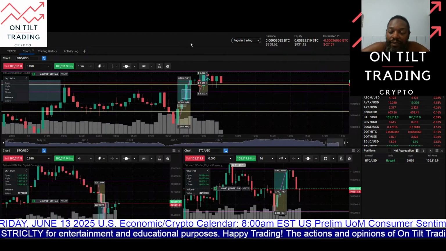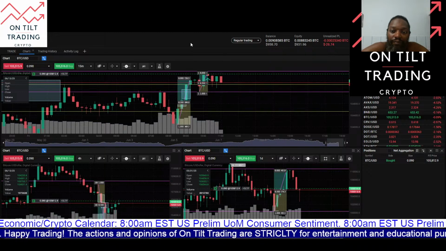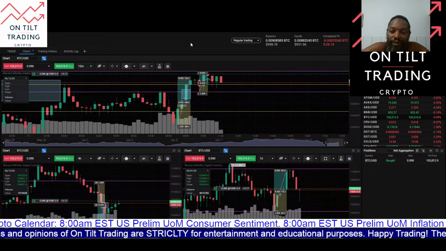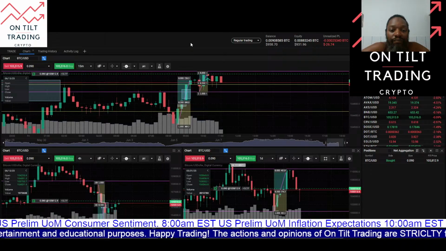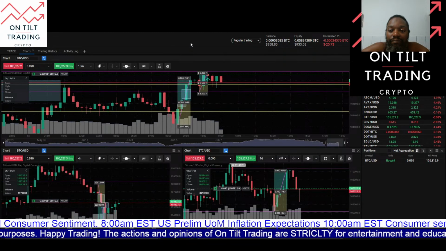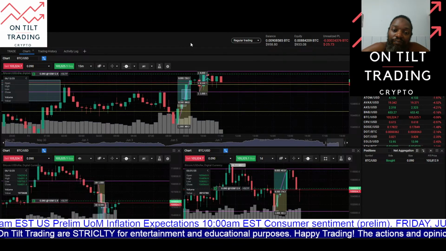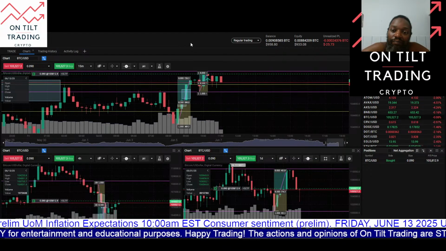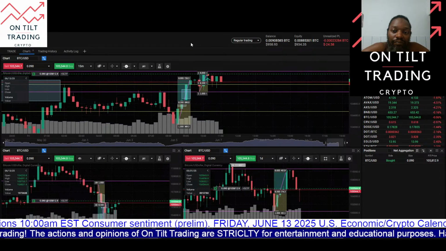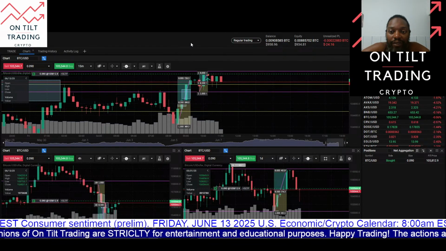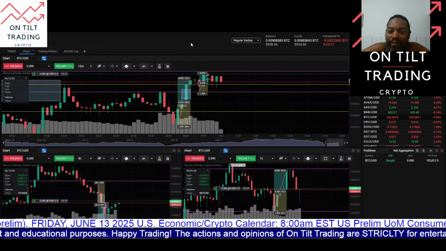A little over 5 minutes into this candle. And we're still selling. Starting to get a bit of a reaction off of the price level down at 26 something.